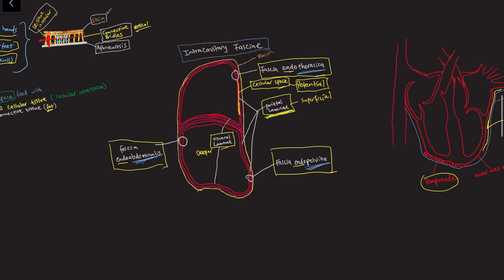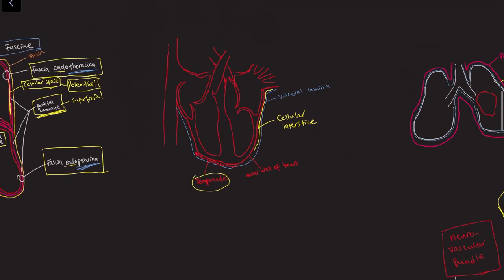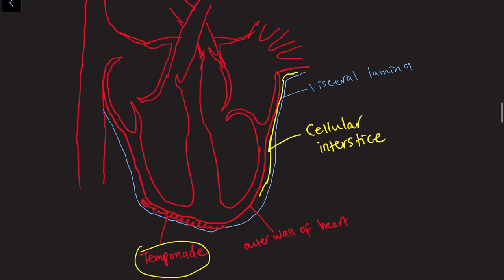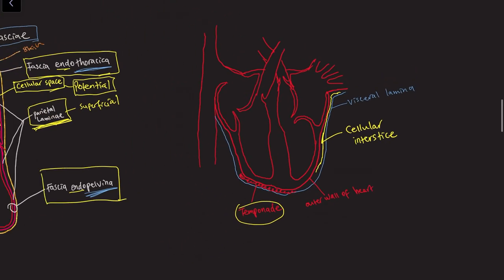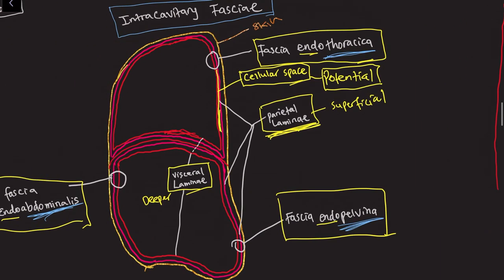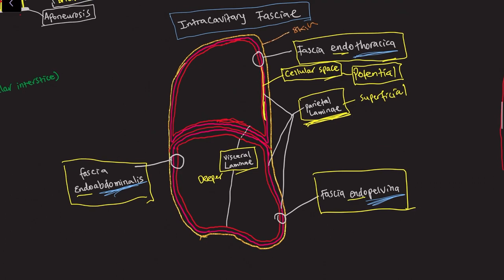What do I mean? For example, when you look at the heart, the cellular space between the parietal and the visceral lamina is a potential space that can be filled with fluids, such as blood.